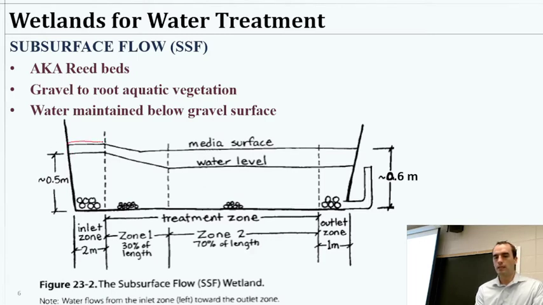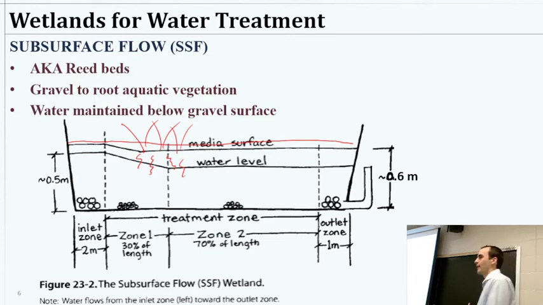So you have the gravel media forming some surface, and then you're going to have plants growing out of that gravel, and they're going to send their roots down, find the water, and essentially you're going to have the gravel acting as a substrate for biological attachment, so it's sort of attached growth. The bacteria will attach themselves to the surfaces of the gravel, and so you'll have biological treatment from the bacteria there.